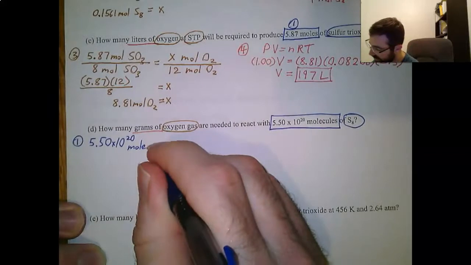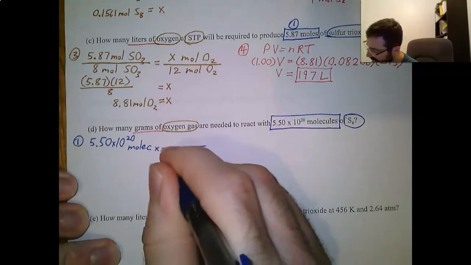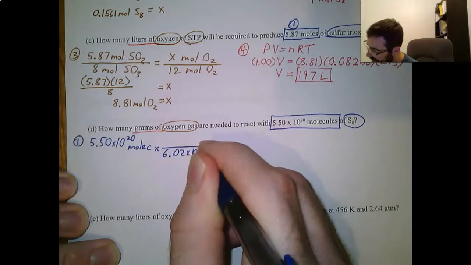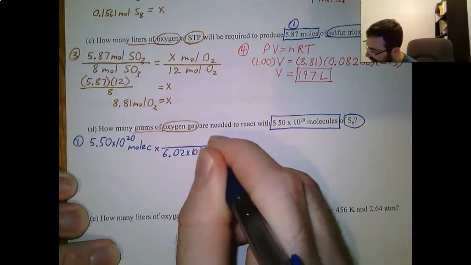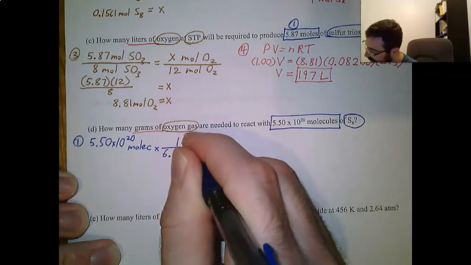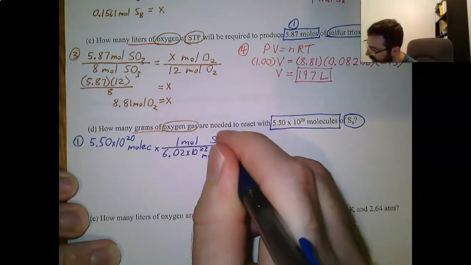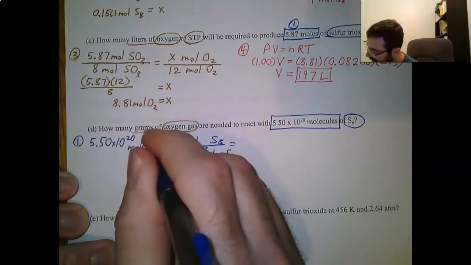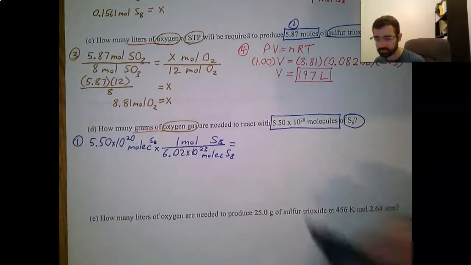We're going to convert that to moles by dividing by 6.02 times 10 to the 23rd molecules, 1 mole of S8. Don't forget to somewhere label what it is that we're dealing with. It's probably a good idea to put it everywhere, but if you didn't, you want to make sure that you at least have it labeled somewhere.